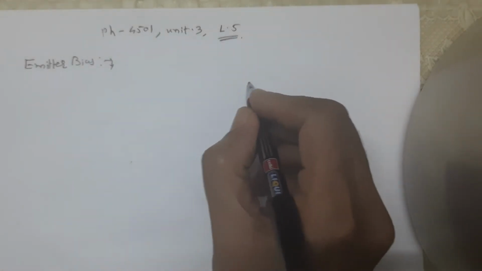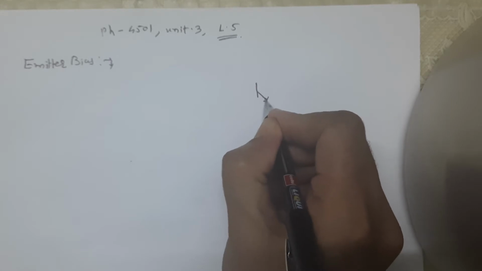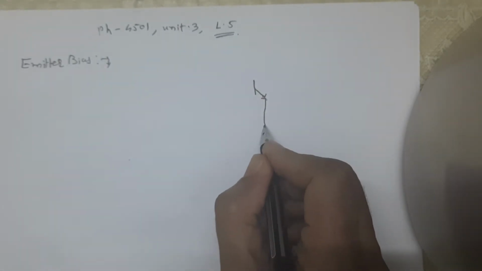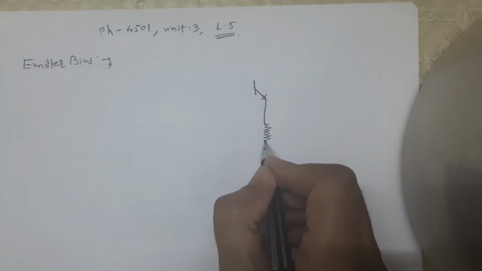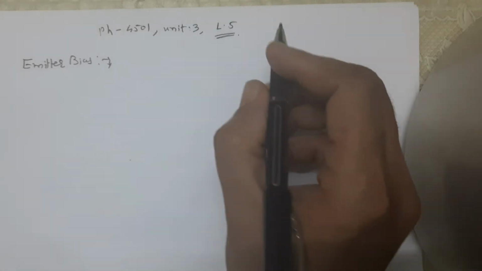First of all, the transistor. This is your emitter terminal. This emitter terminal is grounded, but before it is grounded, there is an emitter resistance Re connected. This is new in this circuit.